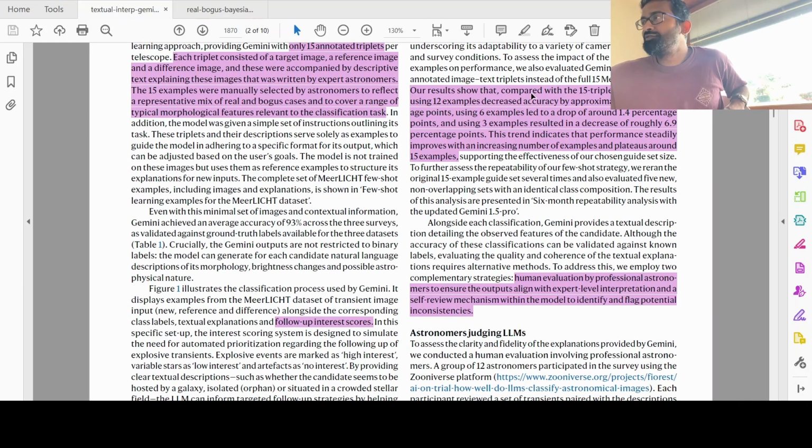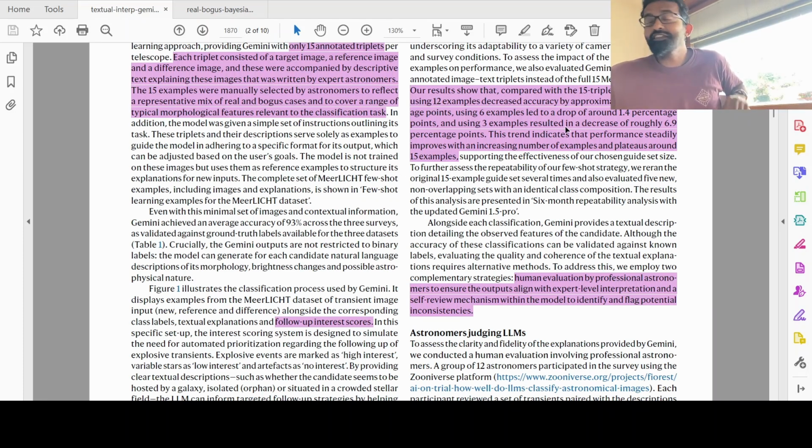Now it turned out that compared with the 15 triplet configuration, if they use only 12 transients as examples, the performance drops down only by 0.5%. If they go down to 6 examples, then it drops down to about 1.4%. So let's say from 93% best accuracy to 92%. If they use only 3 examples, you'd think that, okay, the examples are going down, maybe the performance would be dropping down to 50% or something.